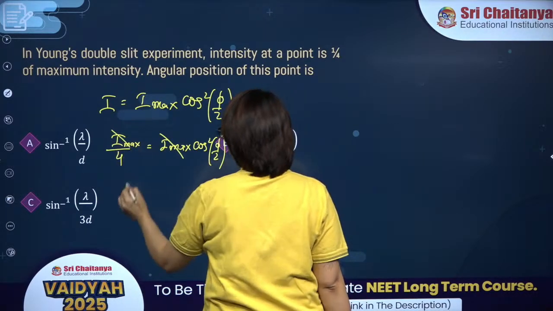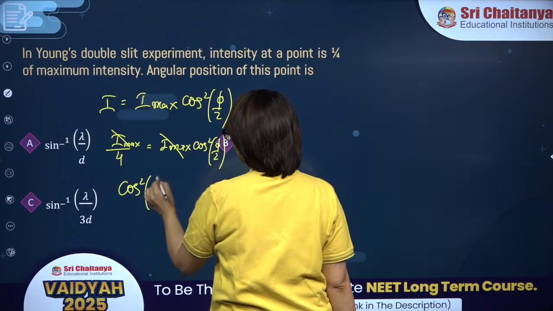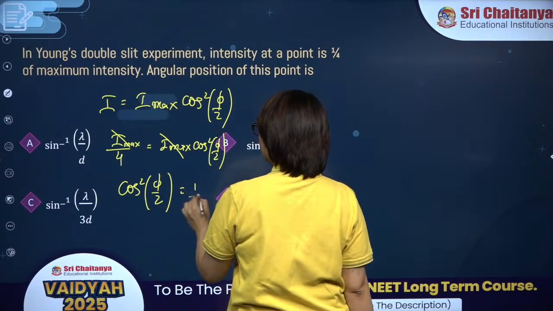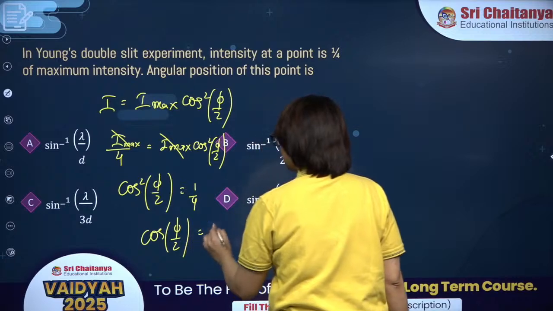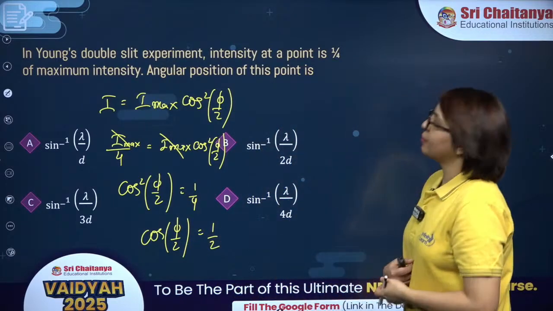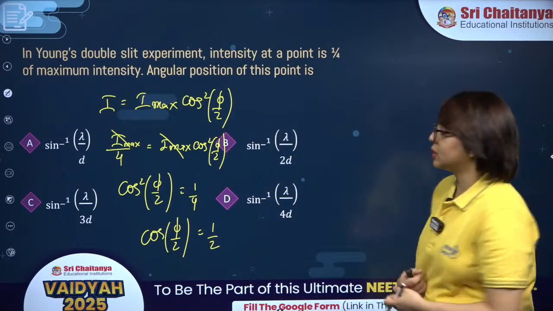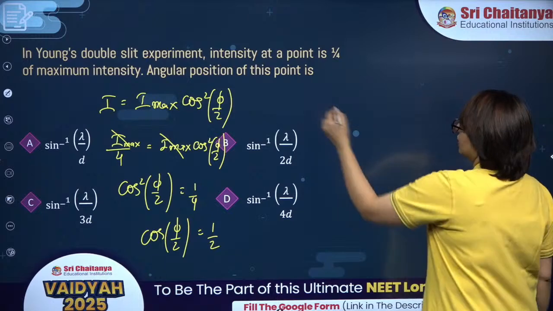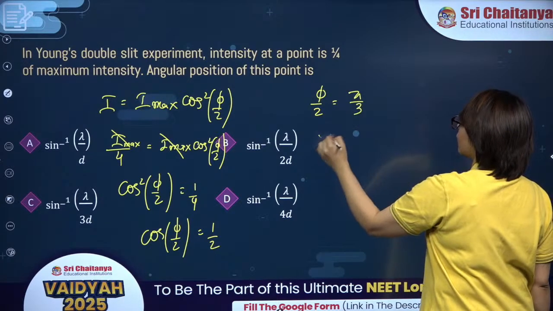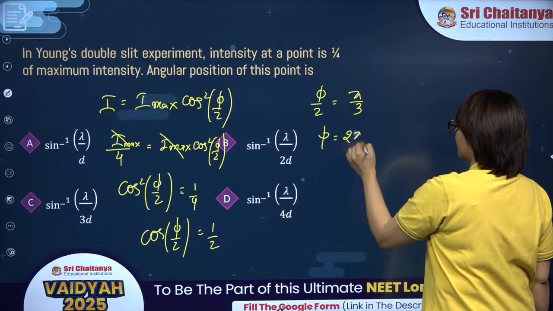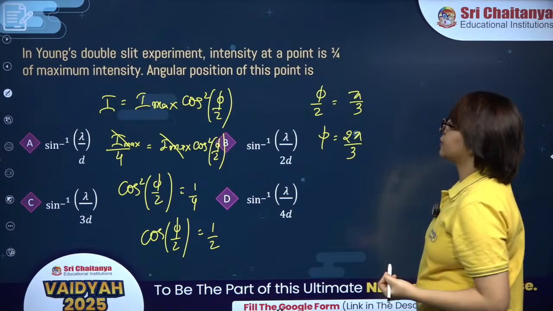I max cancels, so cos square phi by 2 will be 1 by 4. So cos phi by 2 is 1 by 2. Cos is 1 by 2 when the angle is 60 degrees, which is pi by 3. So phi by 2 should be pi by 3, so phi will be 2 pi by 3. This is the phase difference.